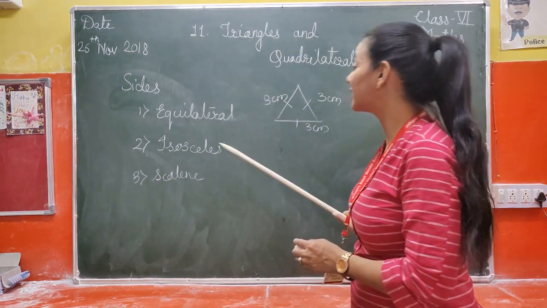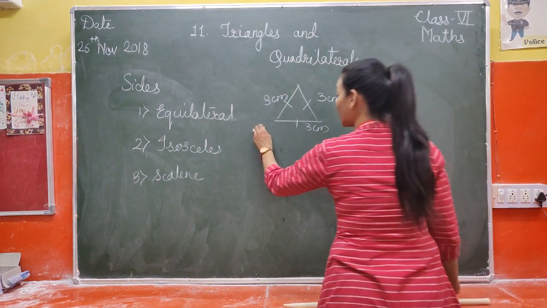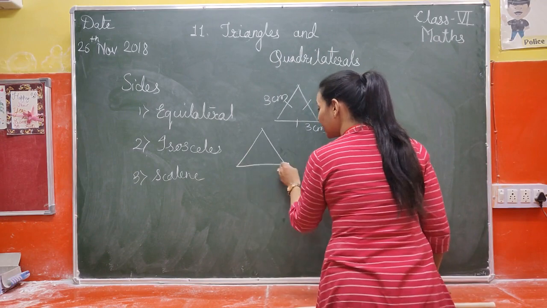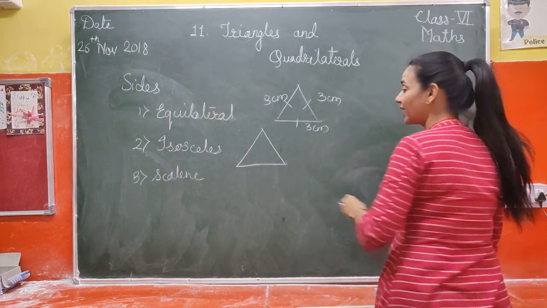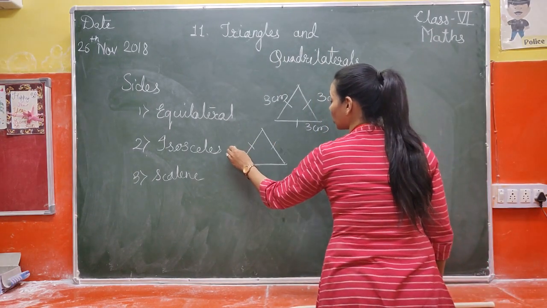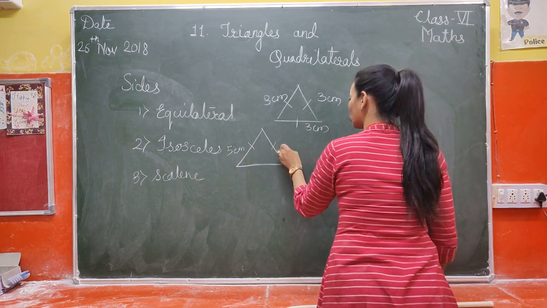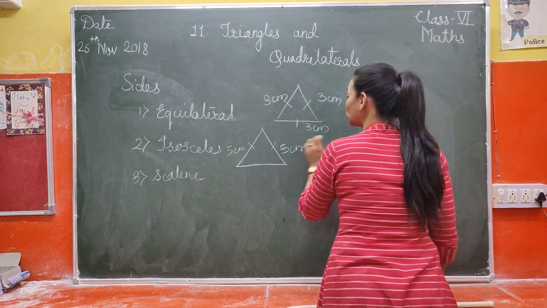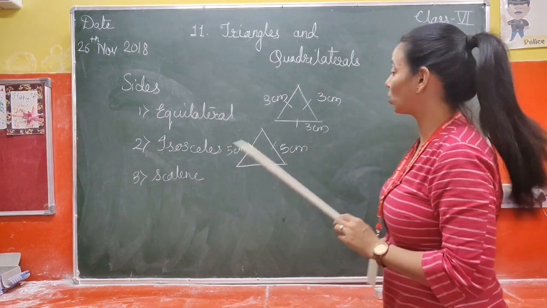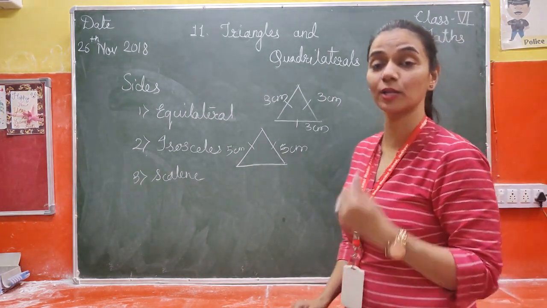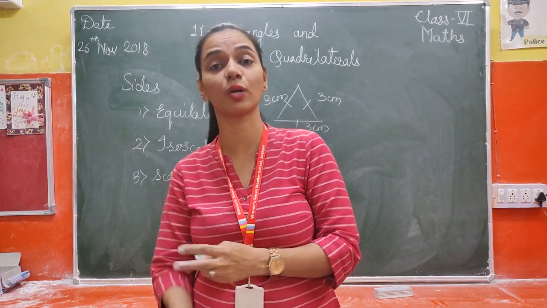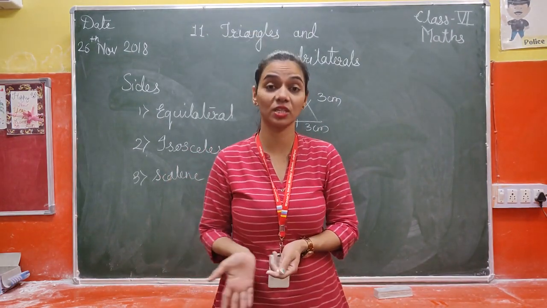Now the second one is isosceles triangle. In an isosceles triangle, there is a base side and 2 sides are equal, maybe 5 cm, 5 cm. A triangle which has 2 adjacent sides equal. If any 2 adjacent sides are equal, then it is called an isosceles triangle.